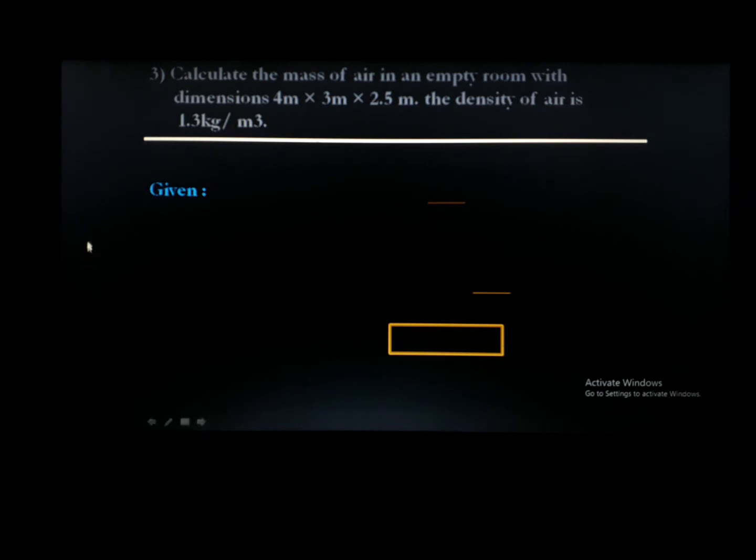Here you can observe they gave the volume, but volume is not mentioned directly. Instead of volume, they gave the dimensions, that is length, breadth and height. So we know the volume formula, V is equal to length into breadth into height. So when we multiply 4 into 3 into 2.5, we get 30.